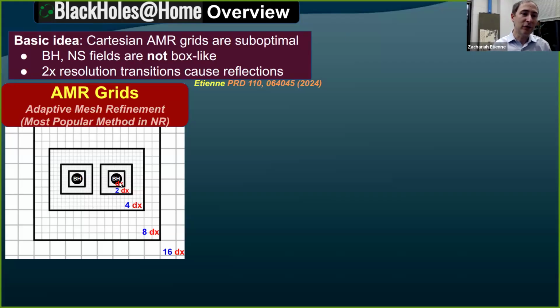And you get these factor of 2 transitions in resolution that I've shown are actually, when interacting with the sharp gauge feature in early binary black hole evolutions, cause reflections and result in more than 99.99% of Einstein constraint violations. So that's a big deal.